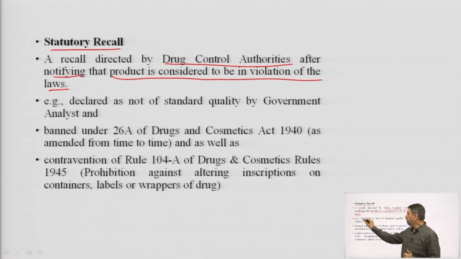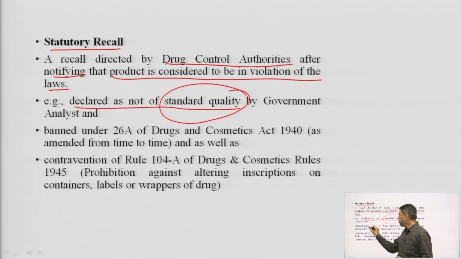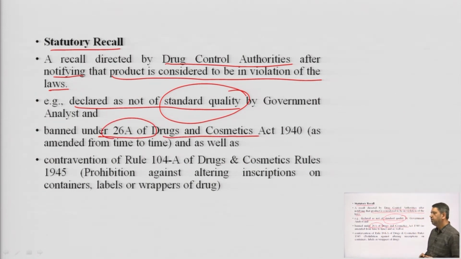For example, products declared not of standard quality by the government analyst, or a drug banned under section 26A of the Drug and Cosmetic Act. In those cases, the government issues a notification to all manufacturers to withdraw their product from the market.